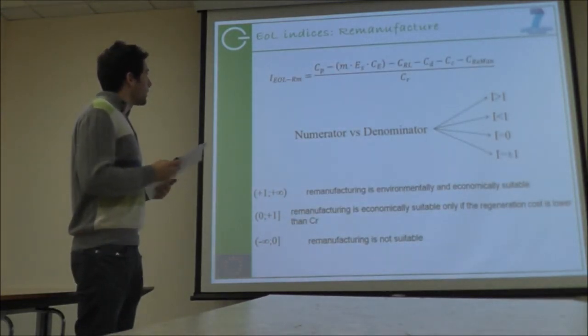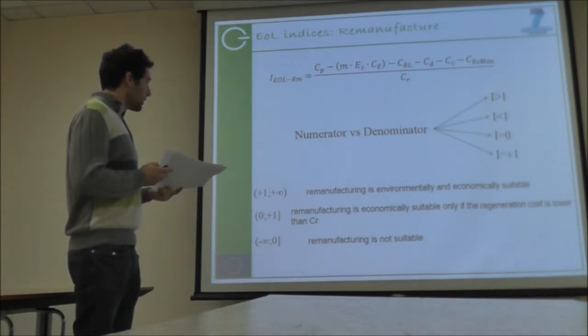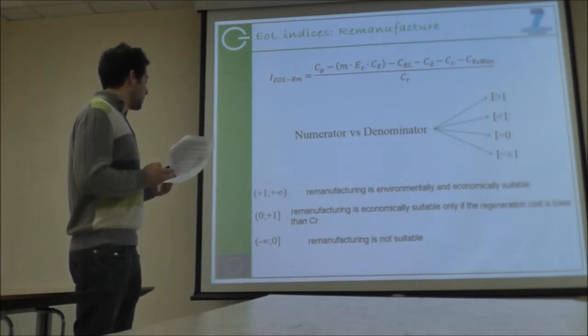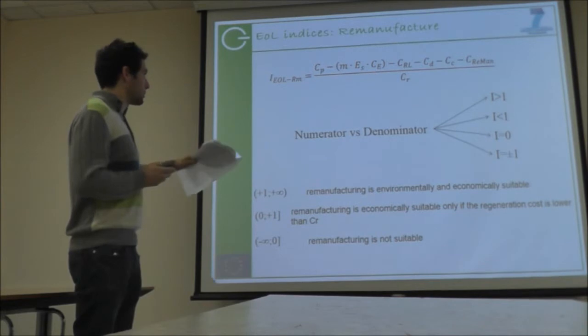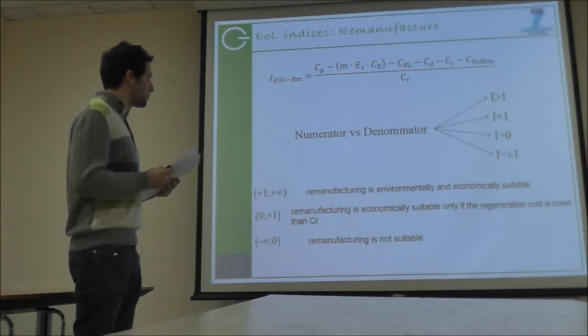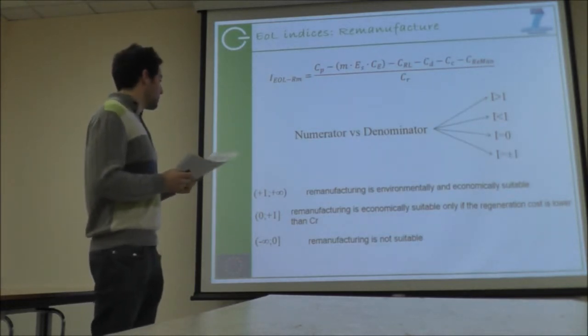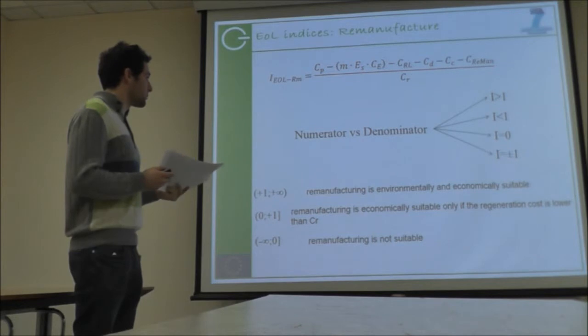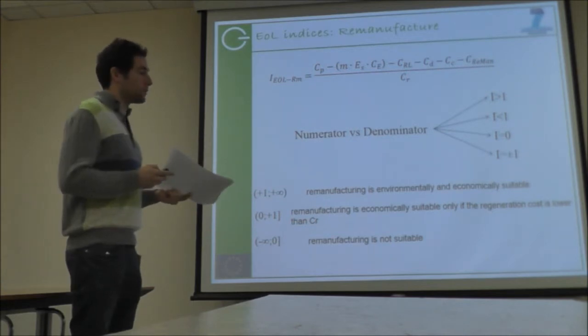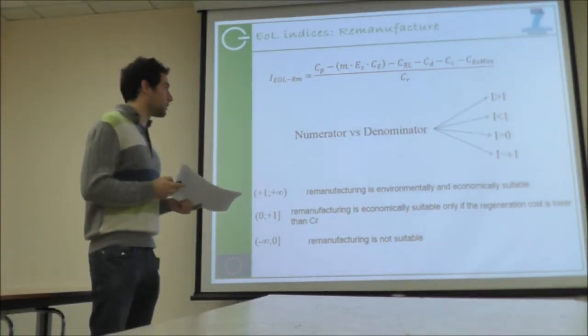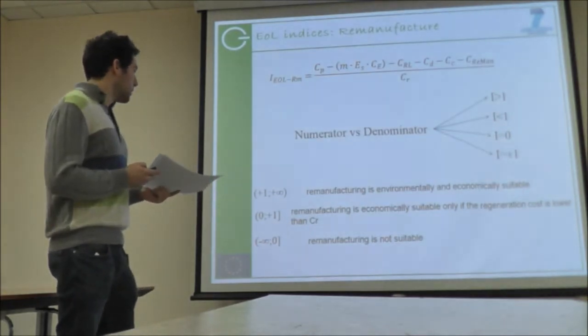Here is the manufacturing index. In this case, again, I will just explain the middle results because the other 2 are the same as before. Remanufacturing is economically suitable only if the regeneration cost is lower than the benefit due to the reuse of the product.